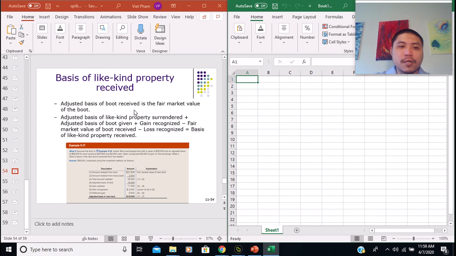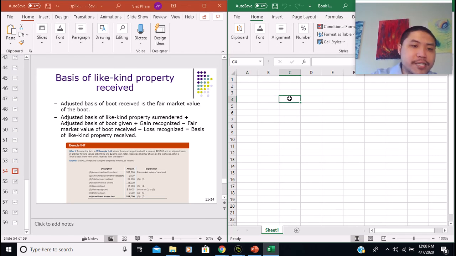So we will follow this method. First of all, we take the adjusted basis of the like-kind property surrendered, which is $18,000, plus the adjusted basis of boot given. Given means the taxpayer is giving the other party something else, which is none in this case, because the taxpayer only gave the piece of land, which was $29,500.